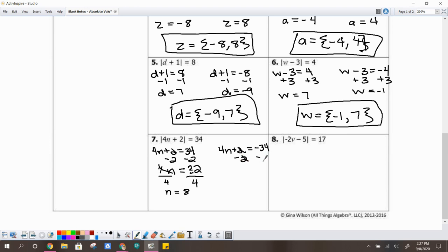And when we take -34 minus 2, we actually have -36. And then we're going to take our -36 and divide both parts by 4 to get n equals -9.